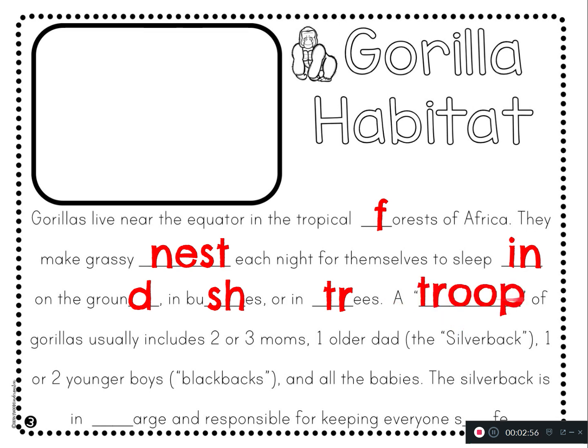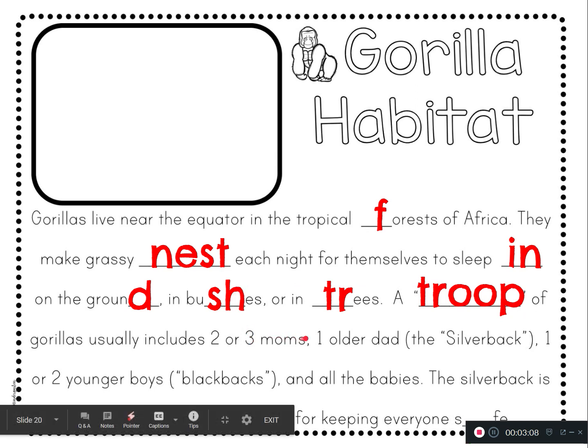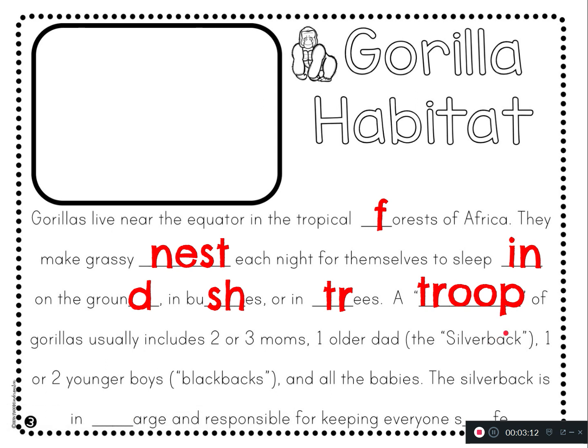A troop, T-R-O-O-P, troop. A troop of gorillas usually includes 2 or 3 moms, one older dad, which is the silverback, 1 or 2 younger boys called blackbacks, because gorillas get more gray as they get older, so younger boys have blackbacks.